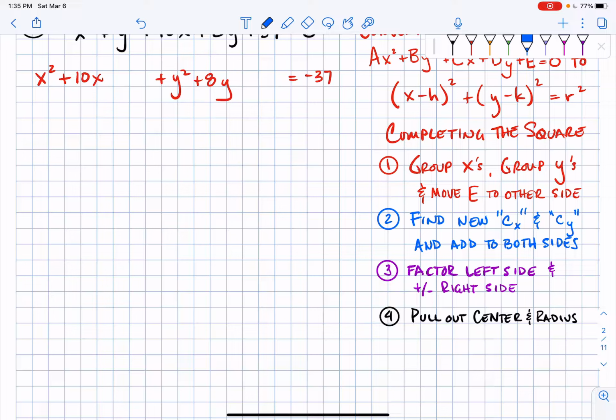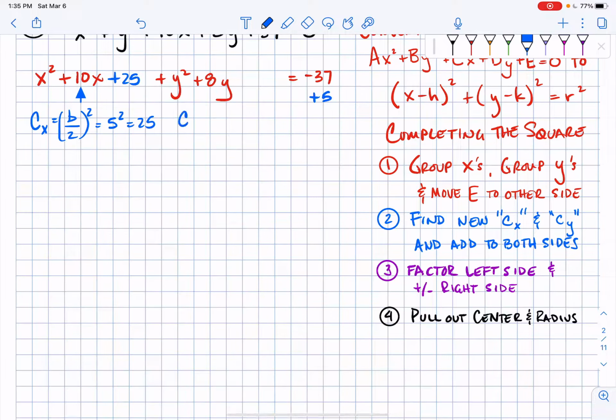So basically, I'm looking at this one over here, and based on this 10 here, my new c, or the c for my x's, is going to be b divided by 2 squared, which is equal to 5 squared, which is equal to 25. So once I find that, it says to add it to both sides. So I got to add here, and I also have to add it here.